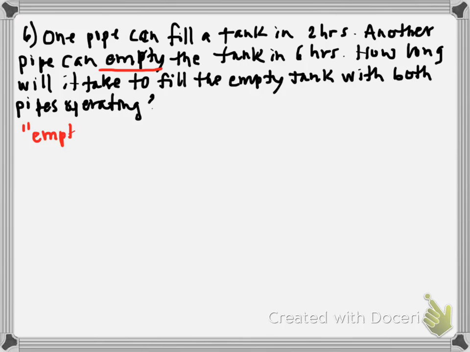And anytime you hear words like empty, drain, or evaporate, we are no longer talking about a problem where we're adding two fractions together to complete a job. In fact, what's happening is that the filling is being delayed by the constant draining or the constant evaporating or the constant emptying.